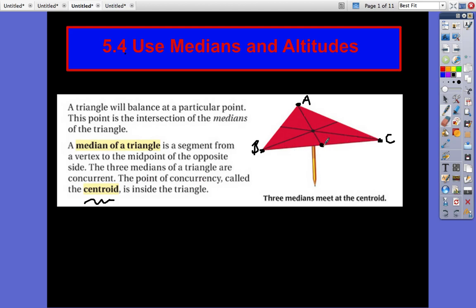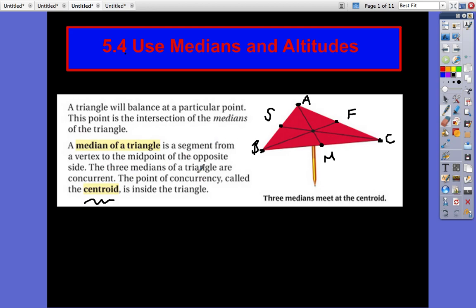Let's call this midpoint M. So point M is the midpoint of BC, so segment AM is the median of the triangle. If we call this midpoint F, then segment BF would be the median of the triangle as well. And if we call this midpoint S, then segment CS is also a median of the triangle.